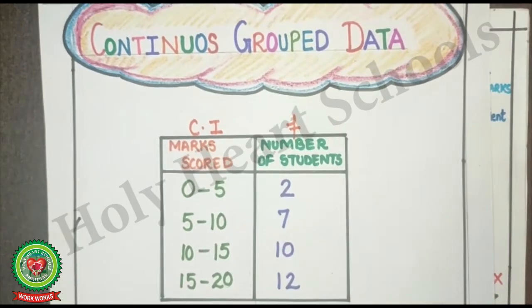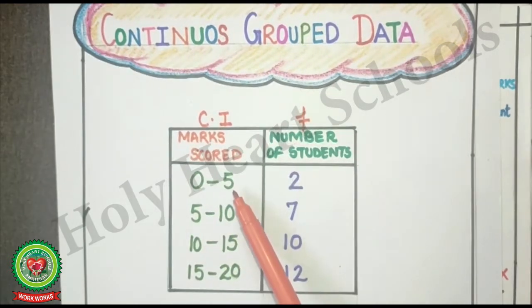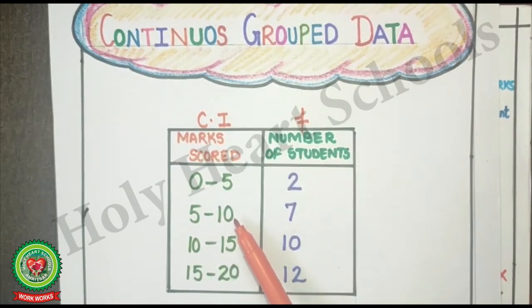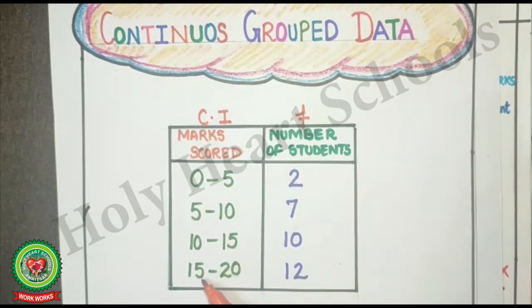And why are we calling it continuous grouped data? Because if we are finishing at 5, then in the next interval we are starting from 5. Similarly, if here we are having 10, again we are starting from 10 in the next interval. Here if we are having 15, again we are starting from 15.